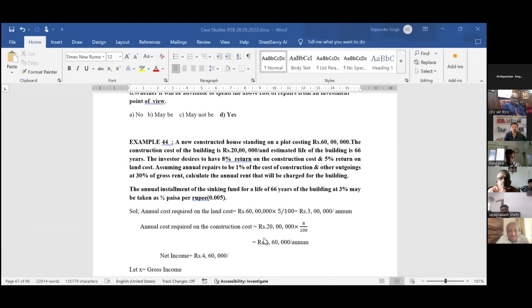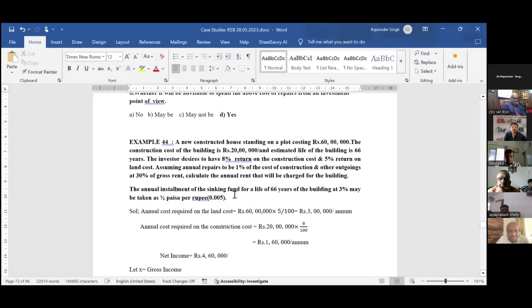Calculate the annual rent that will be charged for the building. The annual installment for sinking fund for life of 66 years of the building at 3% may be taken as half paisa per rupee, means 0.005. So this is the sinking fund coefficient which is given to you.